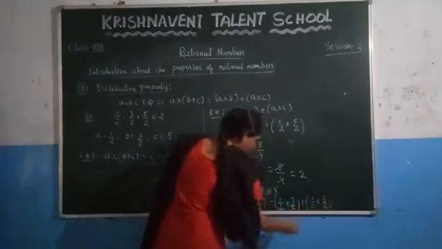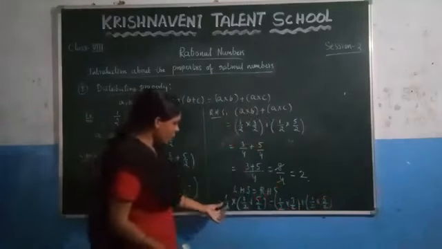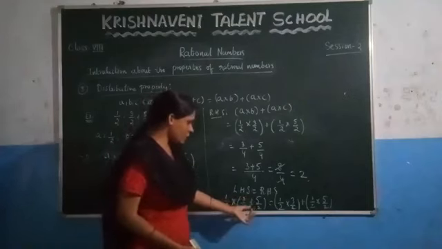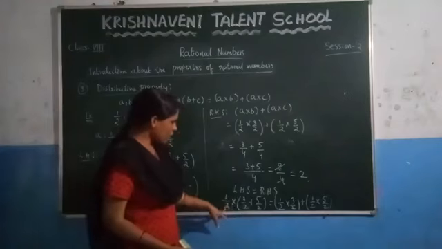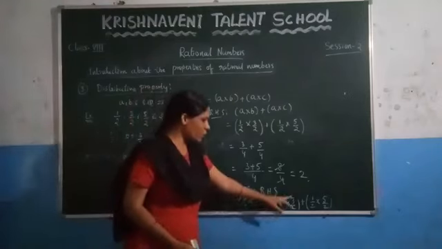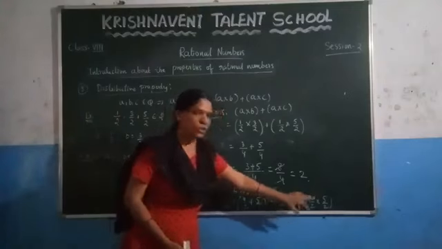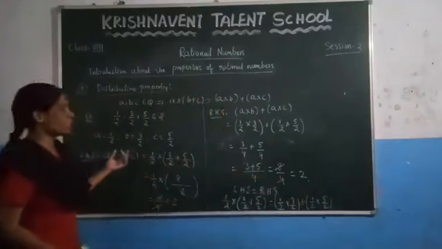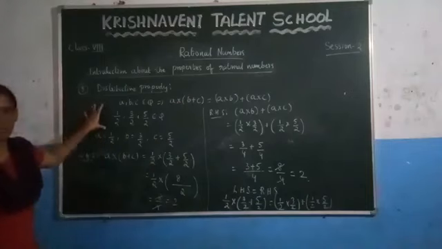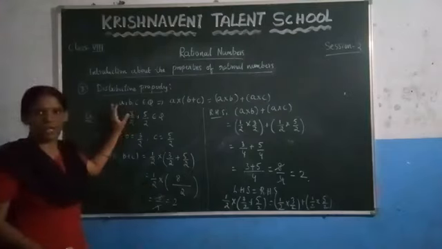We are taking three rational numbers and distributing 1 by 2 to both of these numbers. This property we call a distributive property. These are the properties of rational numbers. In the next session we are going to discuss a few problems about rational numbers.